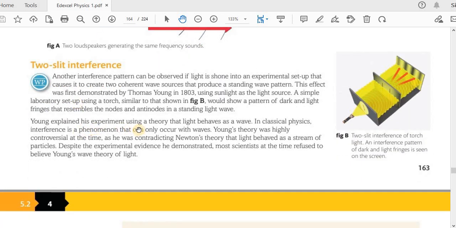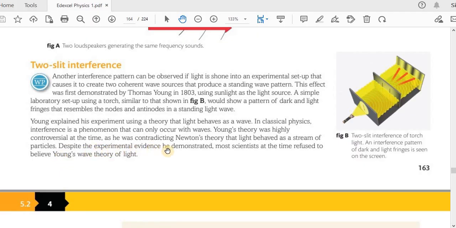Young explained his experiment using a theory that light behaves as a wave. In classical physics, interference is a phenomenon that can only occur with waves. Young's theory was highly controversial at that time, as he was contradicting Newton's theory that light behaved as a stream of particles.